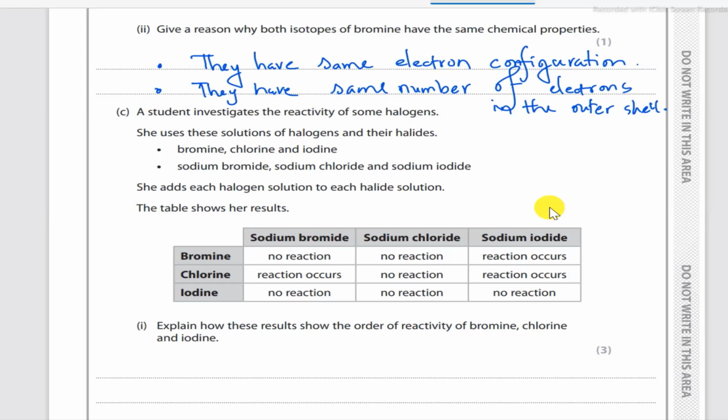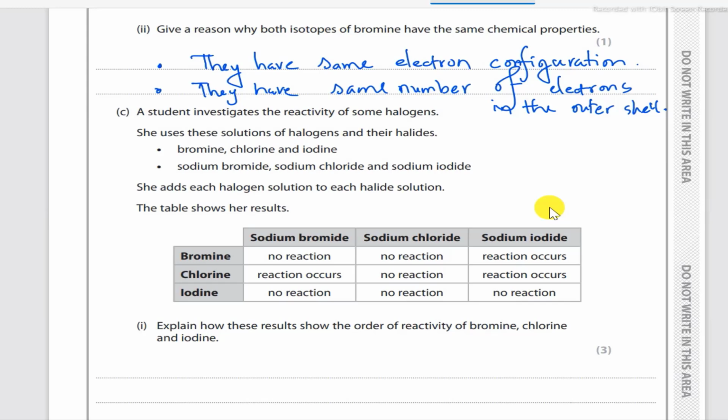Bromine with sodium bromide, chloride and iodide: no reaction. Chlorine with sodium bromide, reaction occurs. Chlorine with sodium chloride, no reaction. Chlorine with sodium iodide, reaction occurs. Iodine with sodium bromide, chloride and iodide: no reaction.